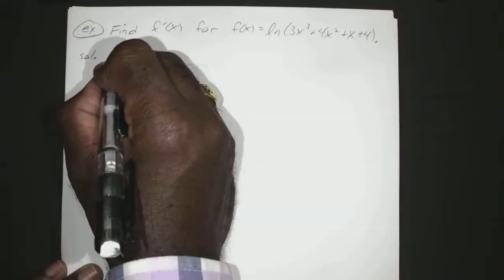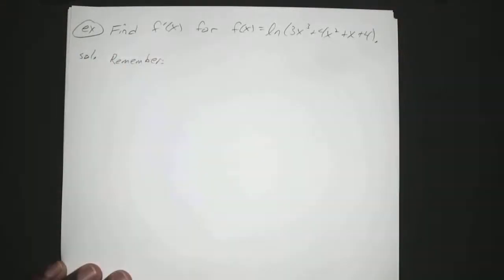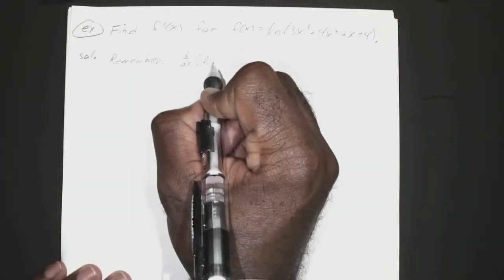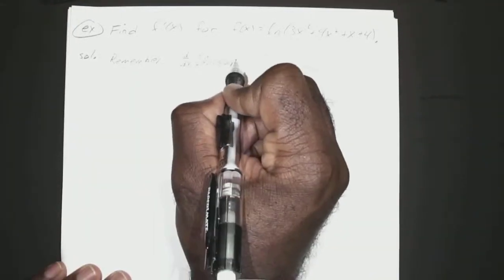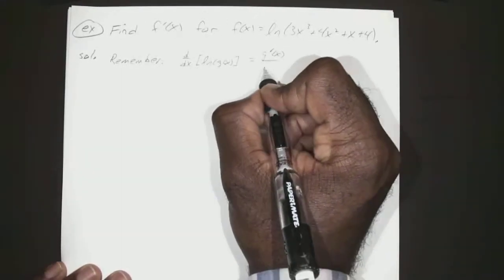Okay, so we want to remember the derivative of natural log of g of x is g prime of x over g of x.